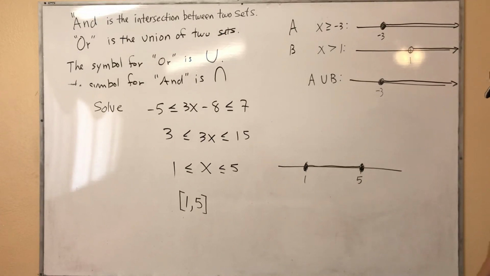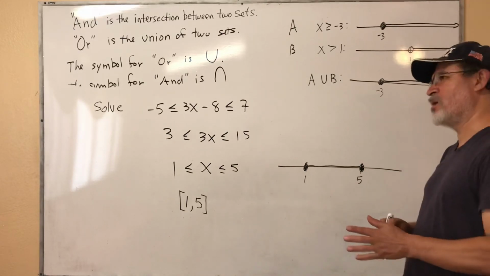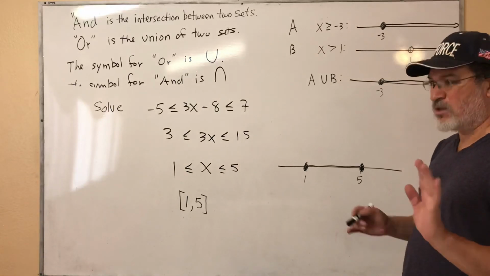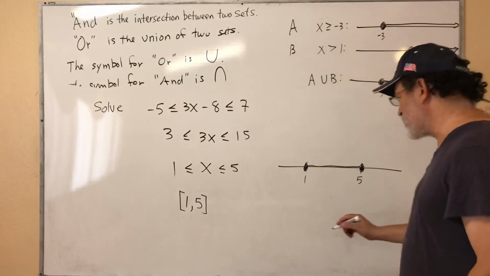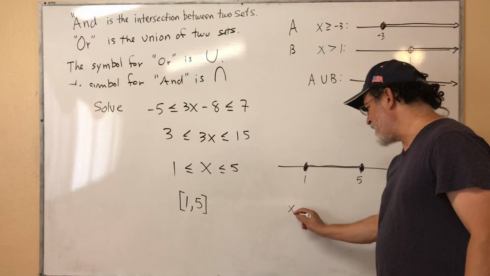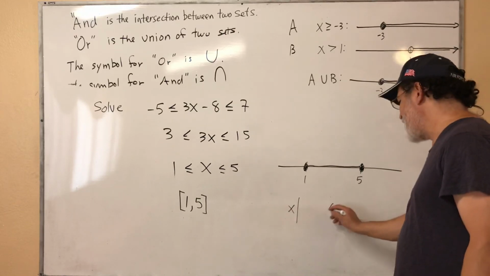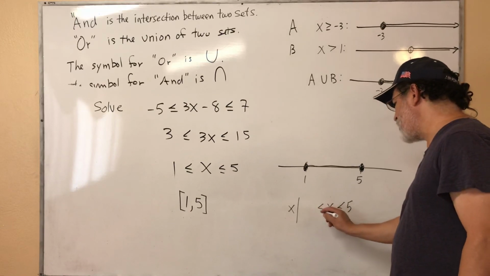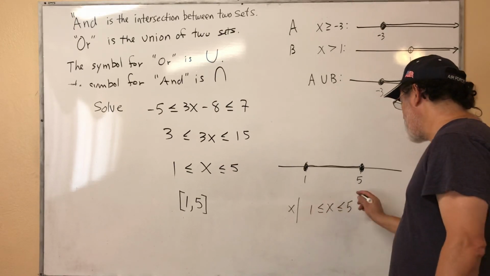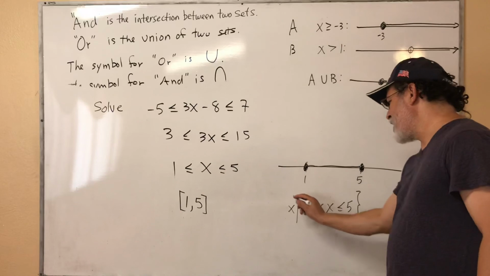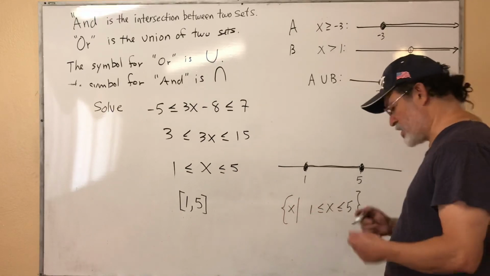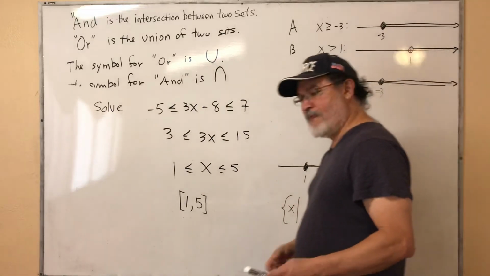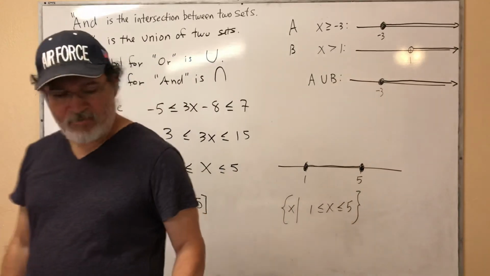Do you want the set notation? Sure. Here's the set notation. x such that x is less than or equal to 5, greater than or equal to 1. And here we go. Right there.